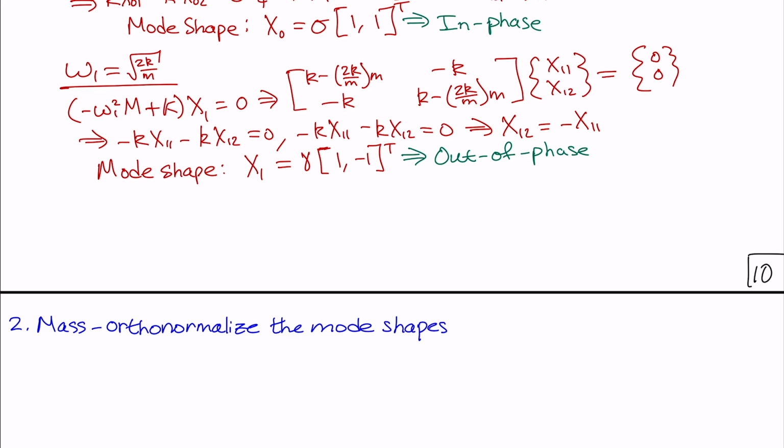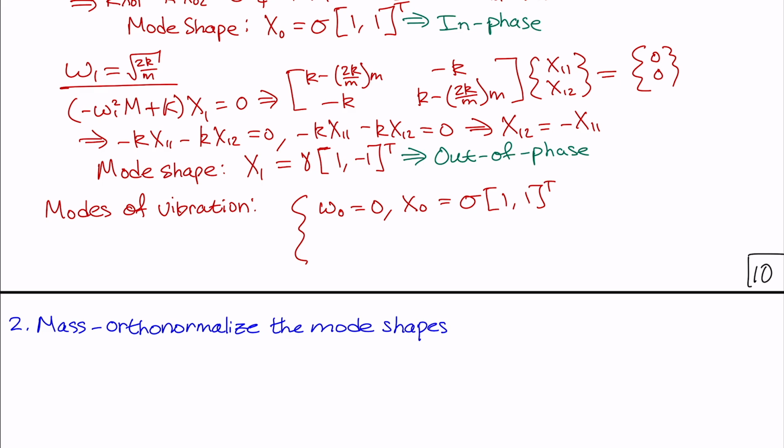Such that our modes of vibration are as follows. We have omega 0 equal to 0. We got x0 equal to sigma 1, 1 transpose.